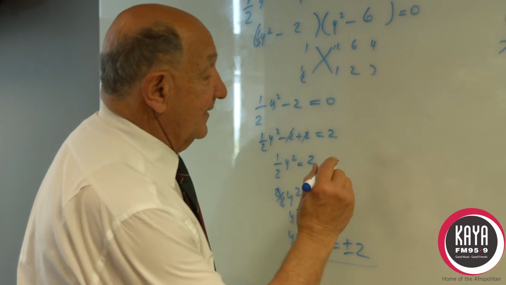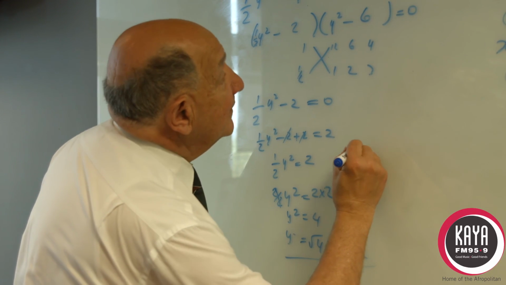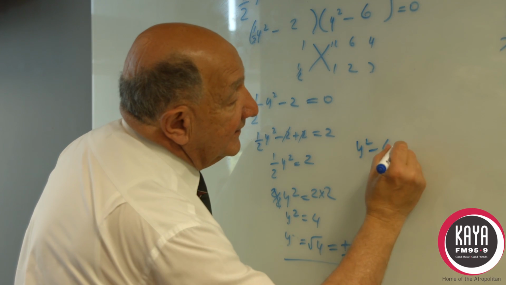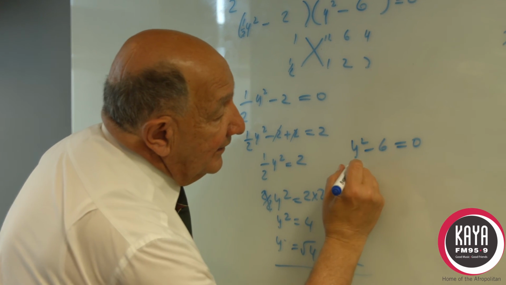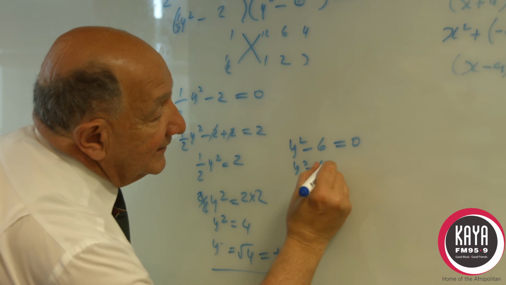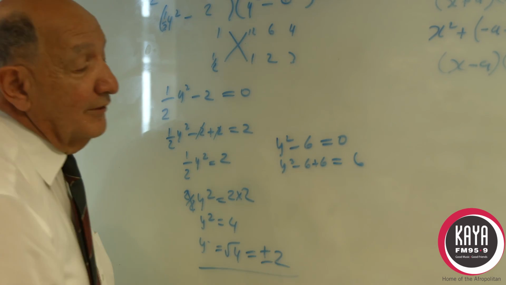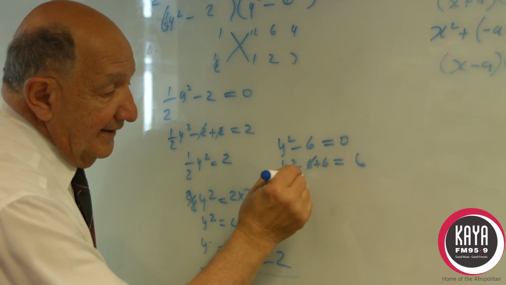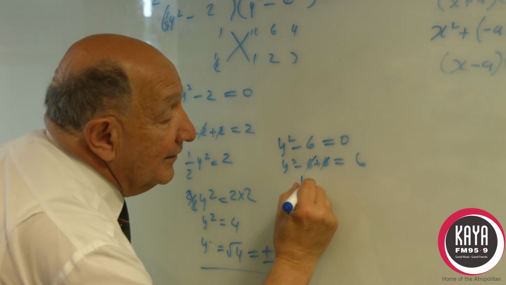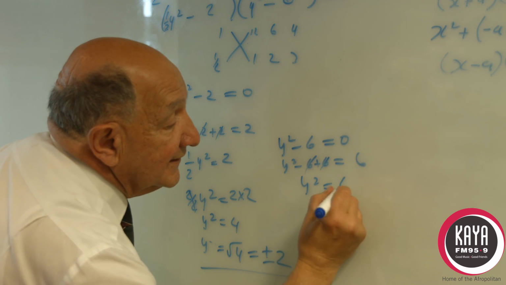And on the other side here, we're going to have y squared minus 6 is equal to 0. Therefore, y squared minus 6 plus 6 is equal to 0 plus 6. We're adding 6 on either side. Those cancel. We now have y squared equals 6.